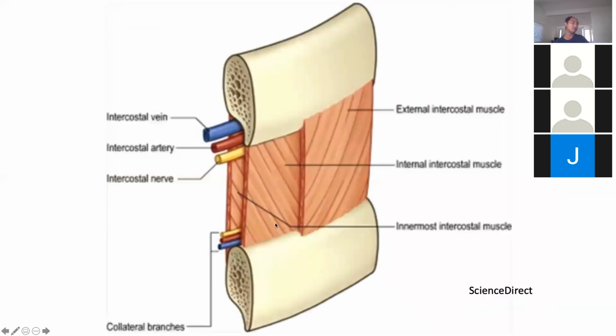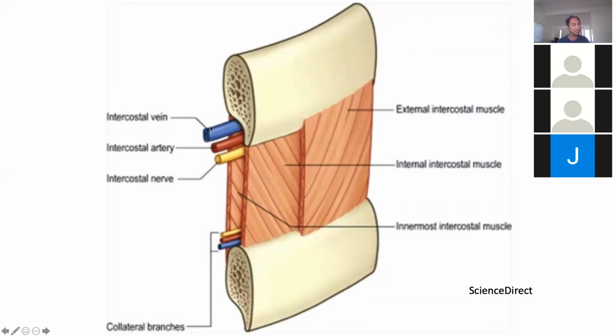And the innermost intercostal follows the internal intercostal muscle, because it is too thin and flimsy already, so it just follows the nearby structure. So: external intercostal, internal intercostal, and innermost intercostal. These intercostal muscles run from the upper rib to the lower rib.